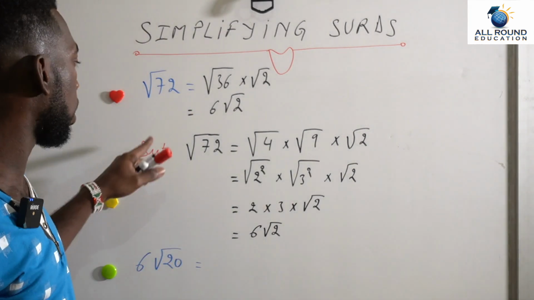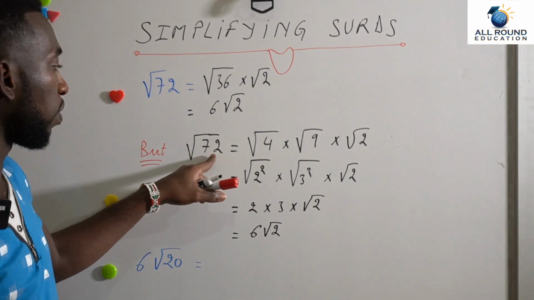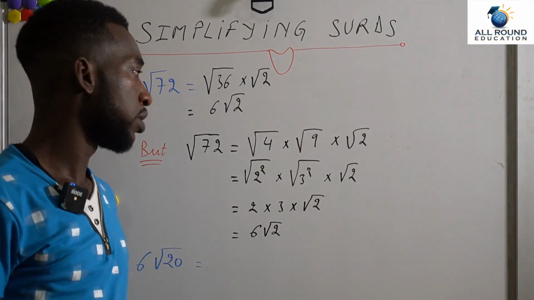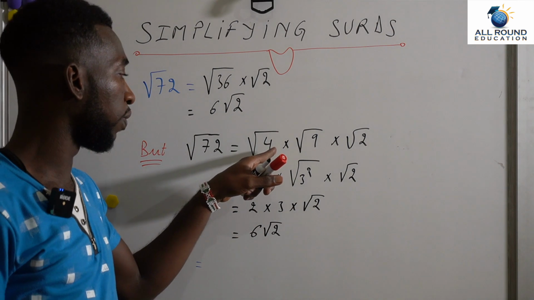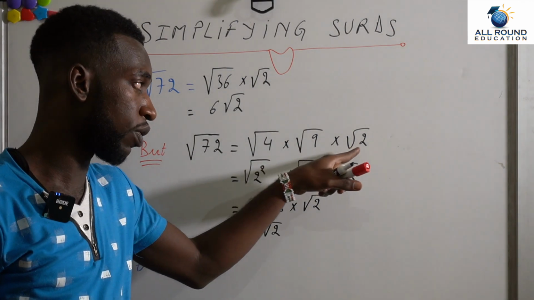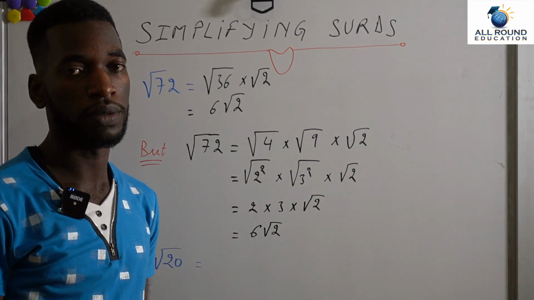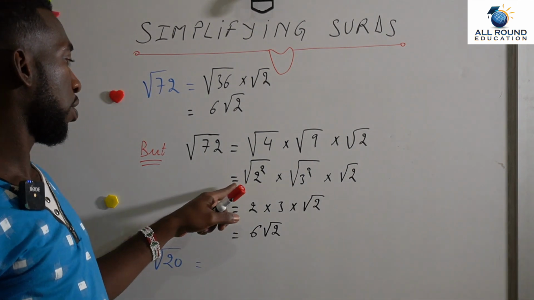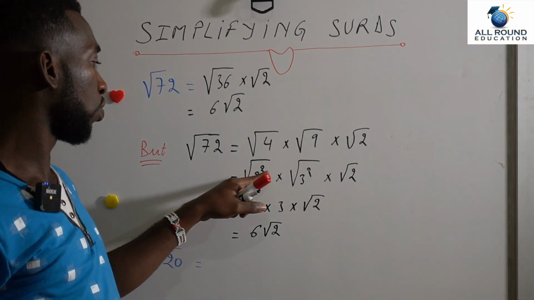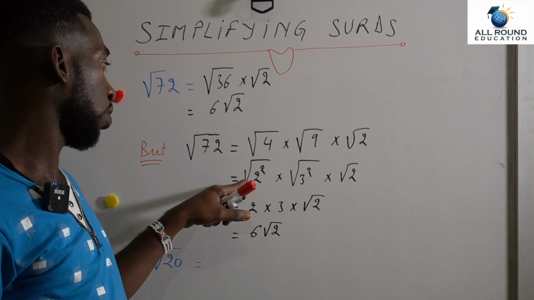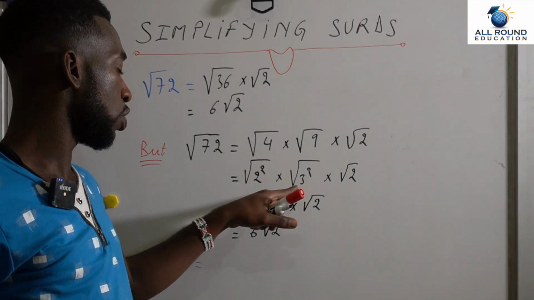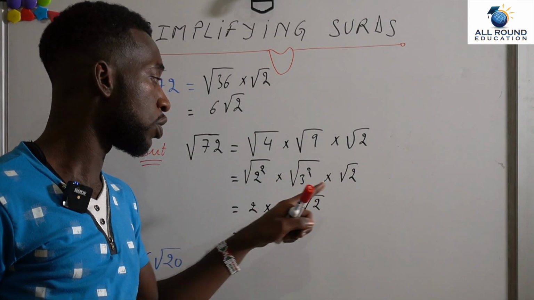Well, you could break 72 into different parts, right? So the first part will be the square root of 4 times the square root of 9 times the square root of 2, right? And you end up with 2 squared square root times 3 squared square root times the square root of 2.